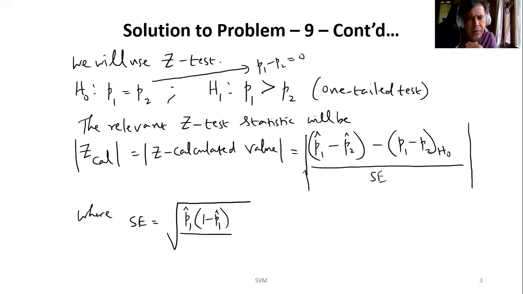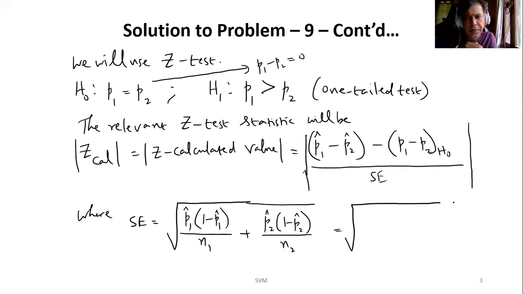See, generally here we used to write only P1, that is population proportions. Since here population proportions are unknown, we are directly replacing that with the sample proportions. Divided by N1, plus P2 cap into 1 minus P2 cap divided by N2, whole thing under square root.